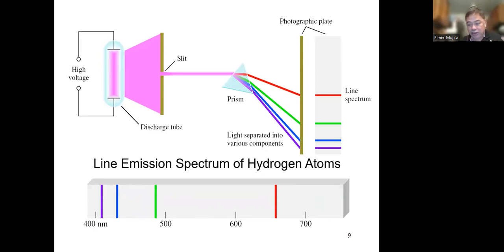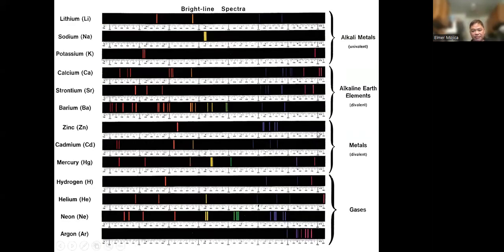The emission is just the process wherein when an element absorbs energy, it goes to a higher state, and then when it goes back to a lower state, it emits energy in the form of color. And most of the elements have that, like this. So how are we going to explain this line spectra?